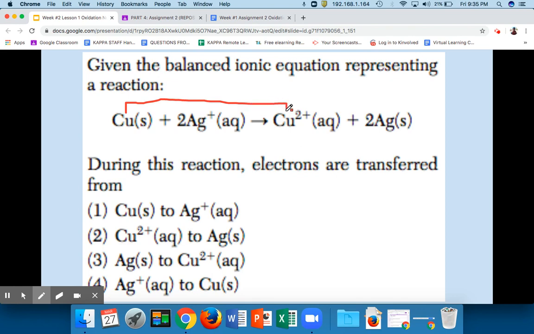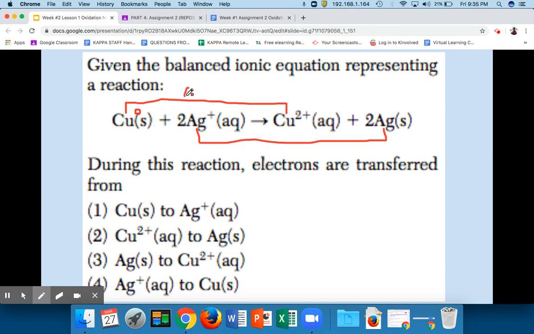So let's look at copper first. And then we'll look at silver second. A helpful trick is to isolate your elements like this. So copper solid is starting with a charge of 0, and it's going to a charge of 2 plus. So it is doing what?